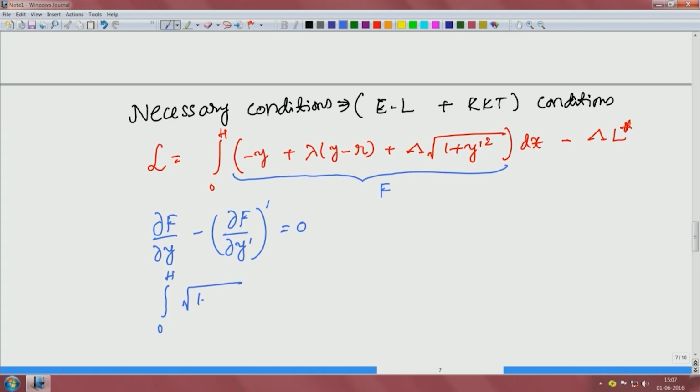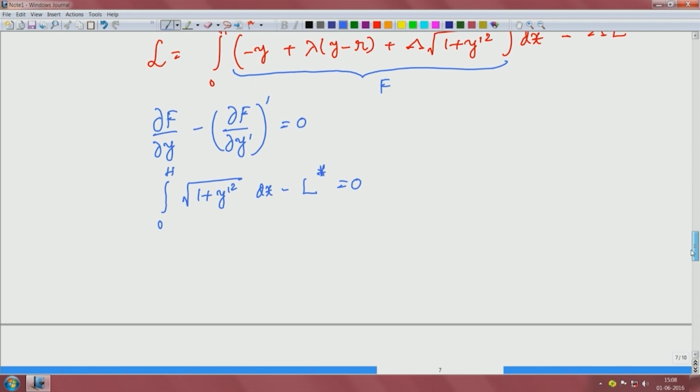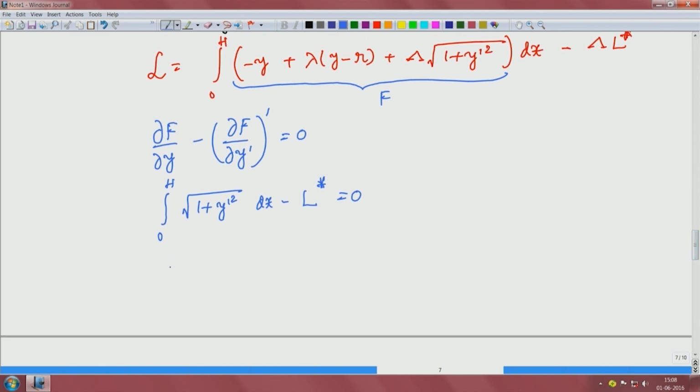The integral of the square root of 1 plus y'^2 dx minus L* equal to 0, and we have our inequality constraint y(x) minus r(x) less than or equal to 0, and then we also have the complementarity condition, which is lambda times (y minus r) equal to 0.